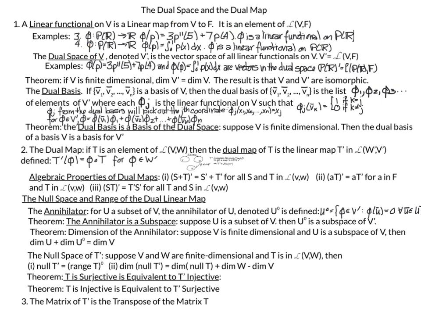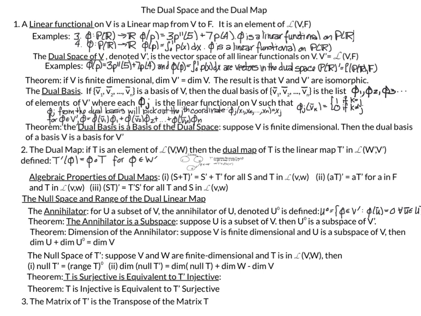Our second example was another linear functional from the space of polynomials to R, and this was an integral example. So we take our polynomial P and map it into a real number by taking the integral from 0 to 1. We define the dual space of a vector space V, and we denoted that with V prime.